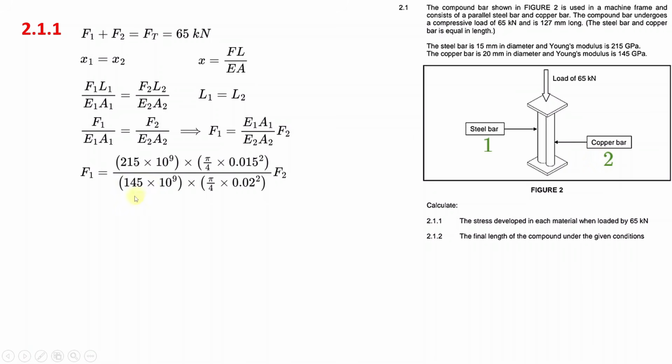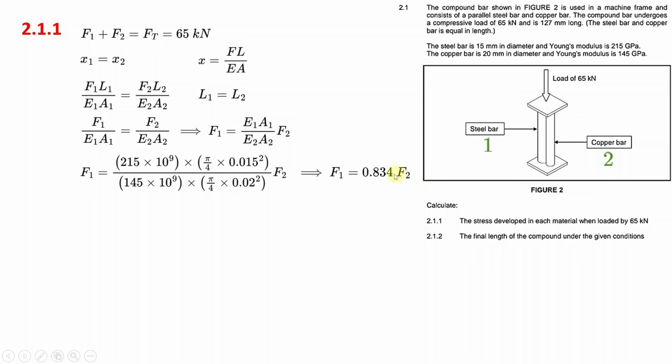E2 is the Young's modulus of the copper, multiplied by the cross-section area of the copper. You know the diameter of the copper, 20 millimeters. So this is the cross-section area of the copper. And that's all multiplied by F2. And so from this, when you work this out with your calculator, you will find that F1 is equal to 0.834 F2.